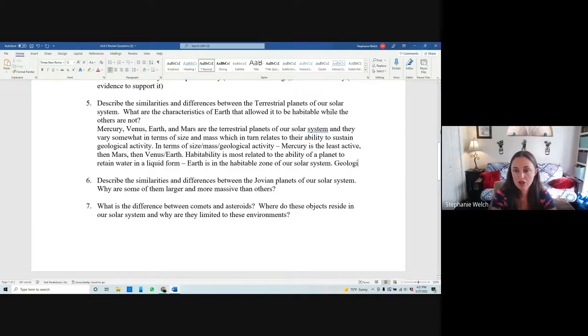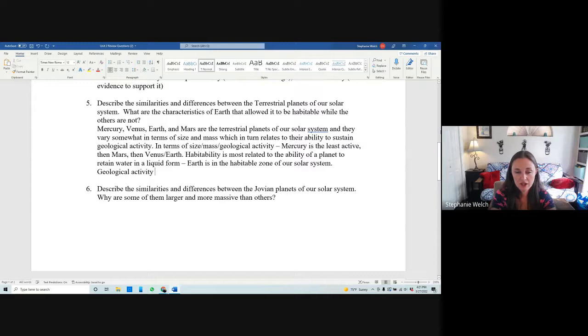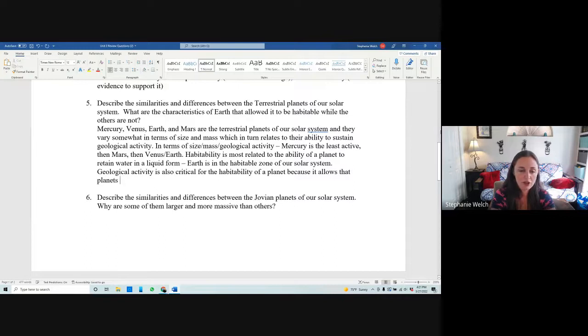So geological activity is also critical for the habitability of a planet because it allows that planet to retain an atmosphere. So if you want an example of when that goes wrong, think Mars.